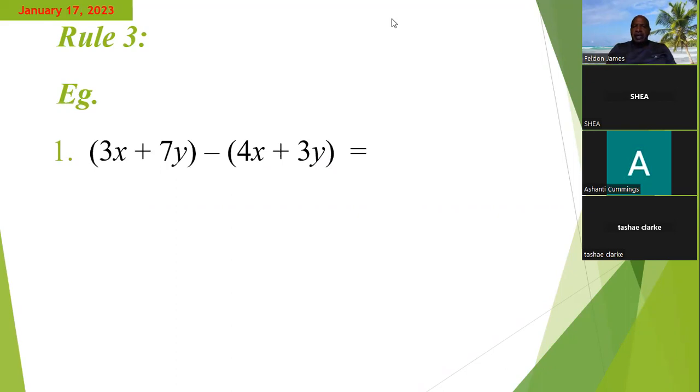Now rule 3 says that whenever you're simplifying expressions, and you have a number of brackets within the expression, you first want to remove the brackets, then you add like terms together.